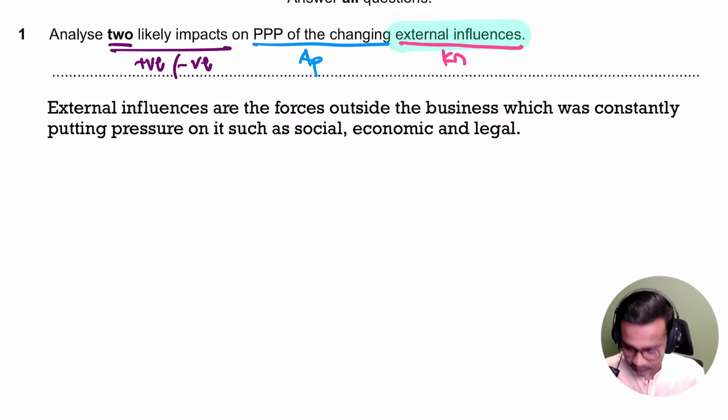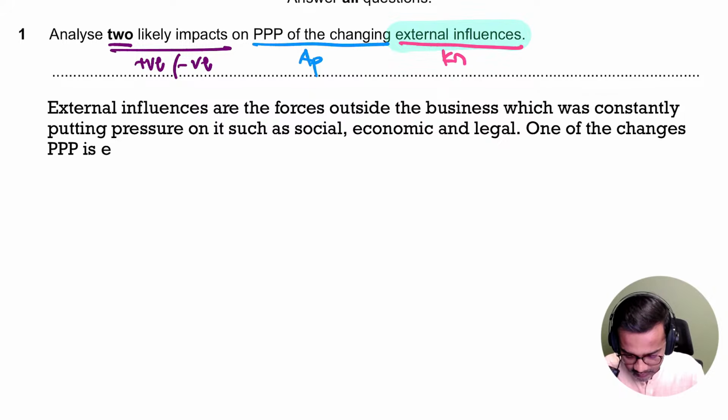So what I will do now is, and you don't need to change paragraphs, continue with it as you are. So one of the changes PPP is experiencing is a social change, right?